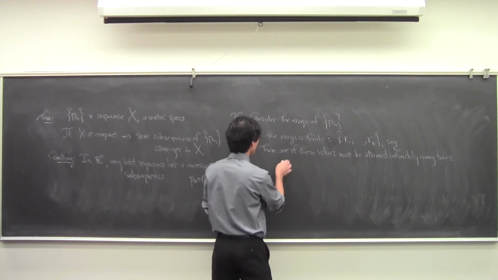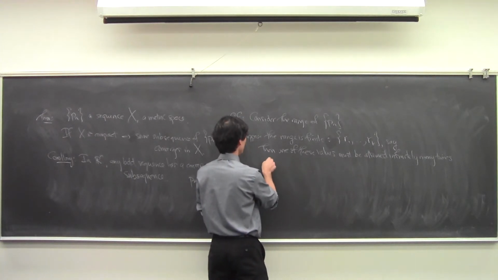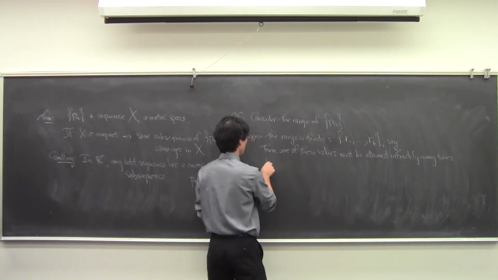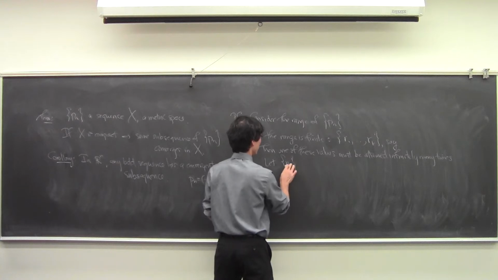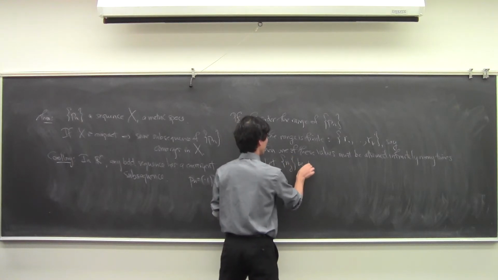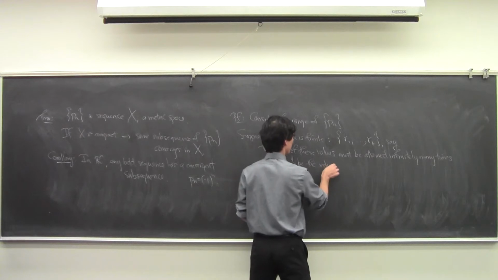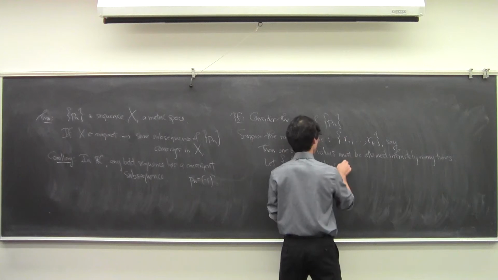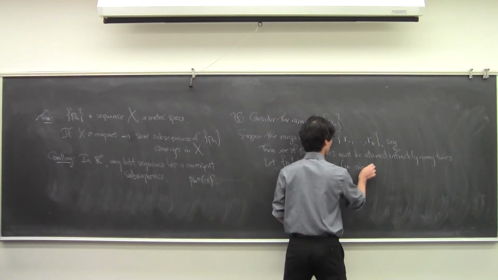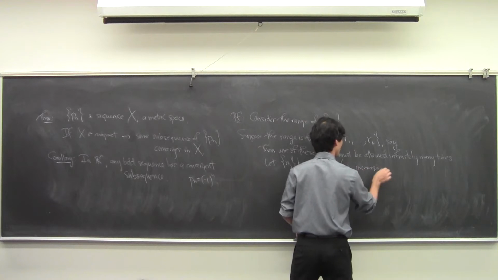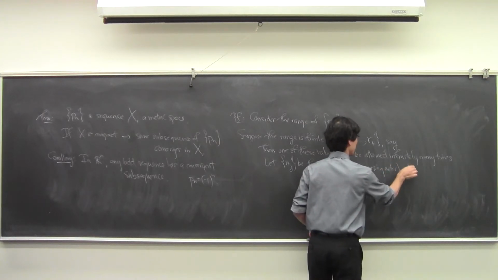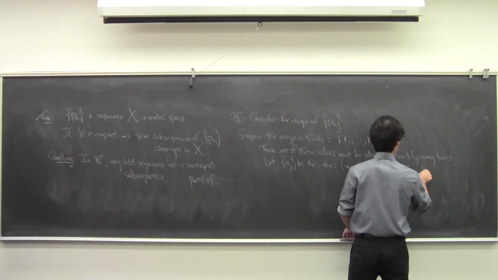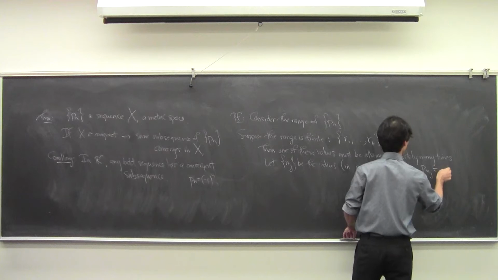So you say, okay, let n sub j be the indices, in increasing order, such that p sub n sub k equals that value.